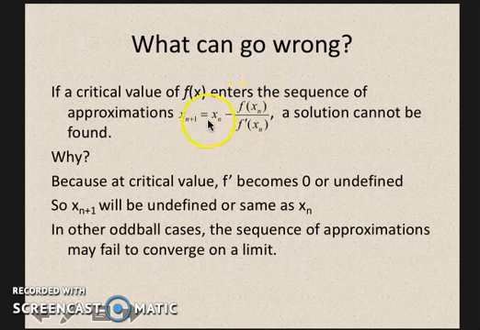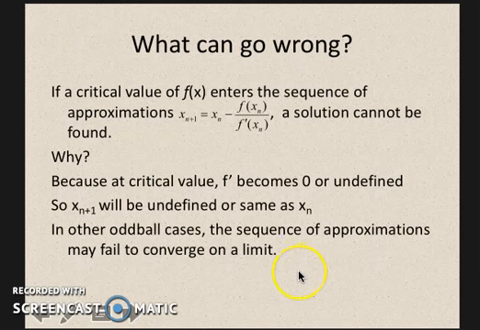So x(n+1) will become xn, and you keep getting back to xn, so you won't converge to the desired result; you can't zero in on the zero. Now if the derivative is 0, then this becomes undefined, and your x(n+1) will be undefined.